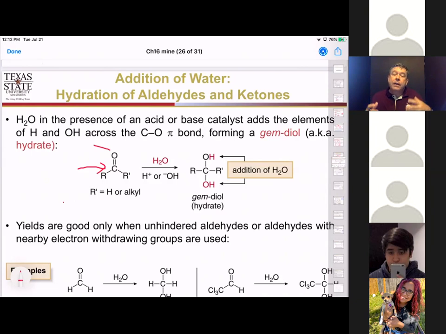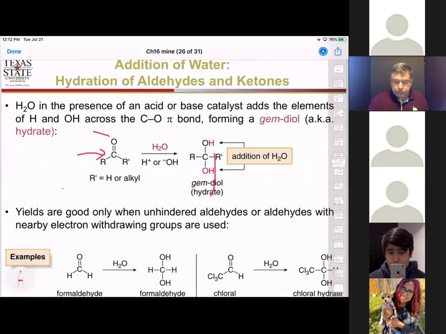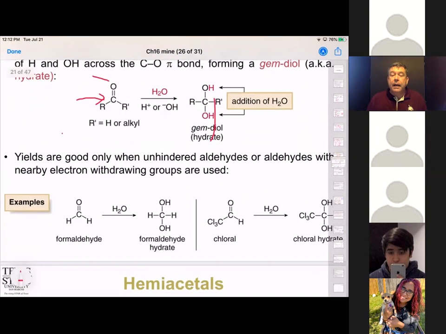And so these hydrates typically only happen on things like formaldehyde and aldehydes with electron withdrawing groups, okay? Other than that, they are really not very useful because they immediately go back to their carbonyl compounds.